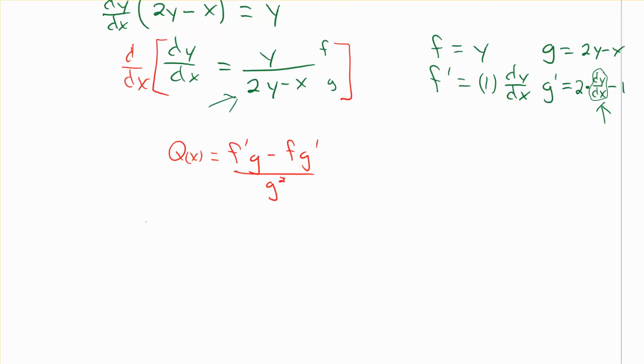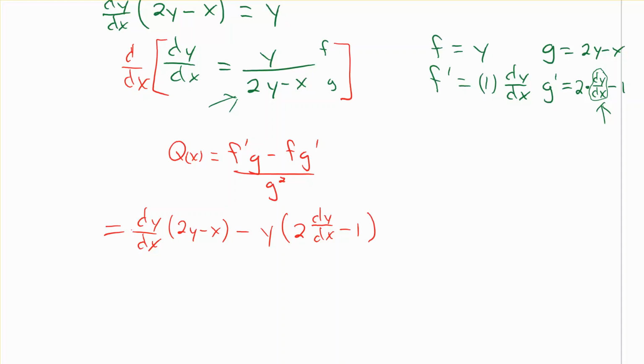So dy/dx times g, which was 2y minus x, minus f, which was just y, times g prime, which was 2 times the derivative dy/dx minus 1.